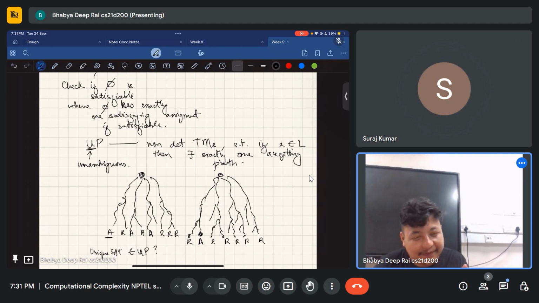If I give you a formula that is satisfiable, I promise you that there is only one satisfying assignment. So now, given an input phi which is satisfiable, let's say I do the same guess. How many of my paths will accept?